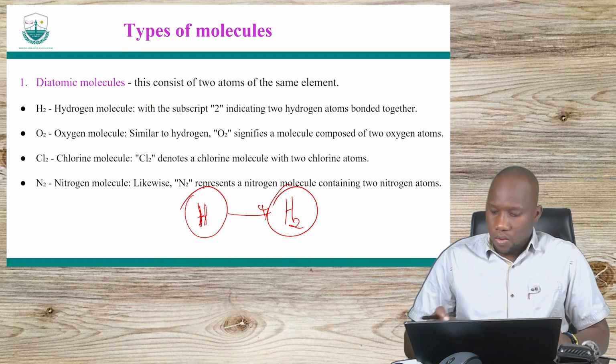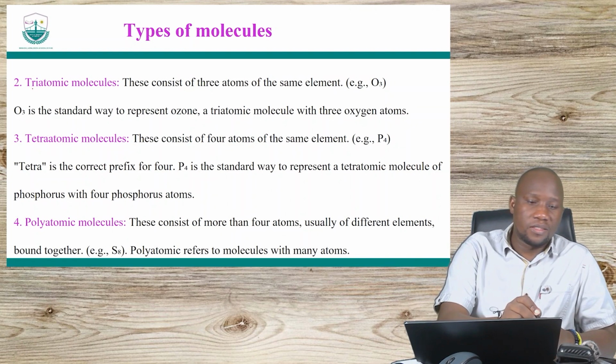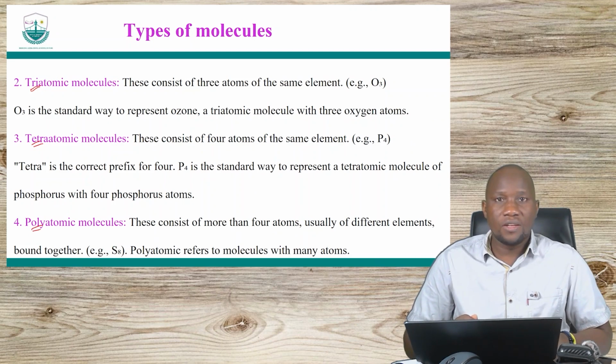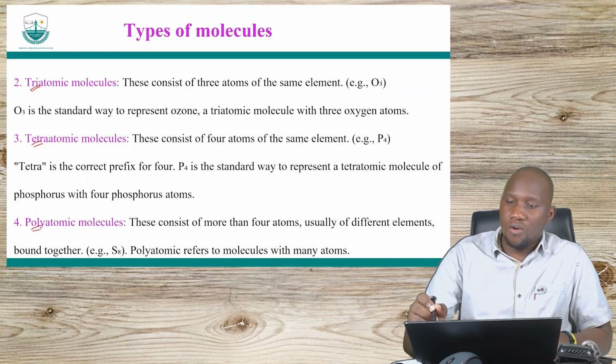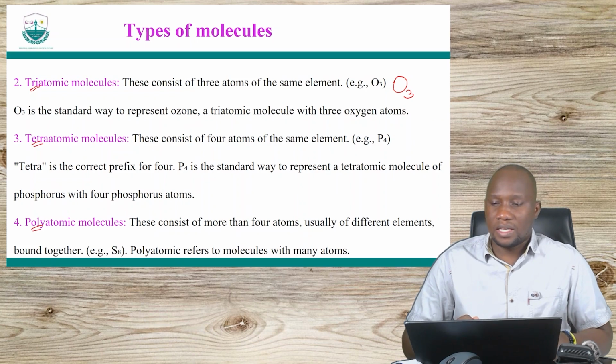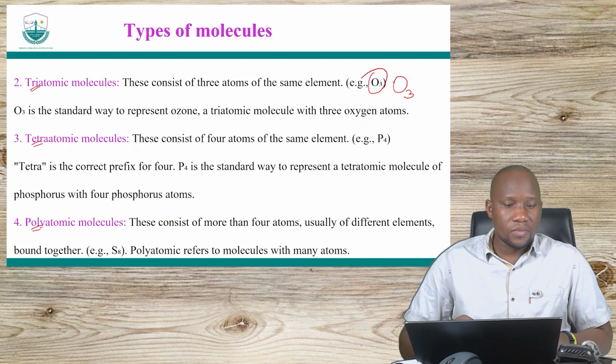Okay. We also have triatomic, meaning three, tri, tetra, four, poly, meaning many. Okay, so tri, ozone, which is basically you have three atoms, just like that. That is ozone here, triatomic, and then we have tetraatomic, four.